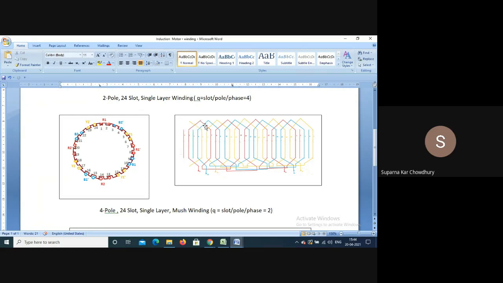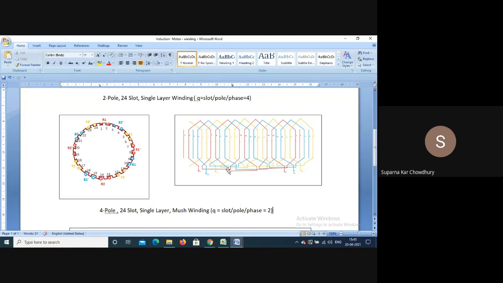Now say this is the red phase. So this, then this one, then this one, and this. This 2 is basically this side, and this one is shown here. So the winding is complete. Similarly, we will have R and B windings.